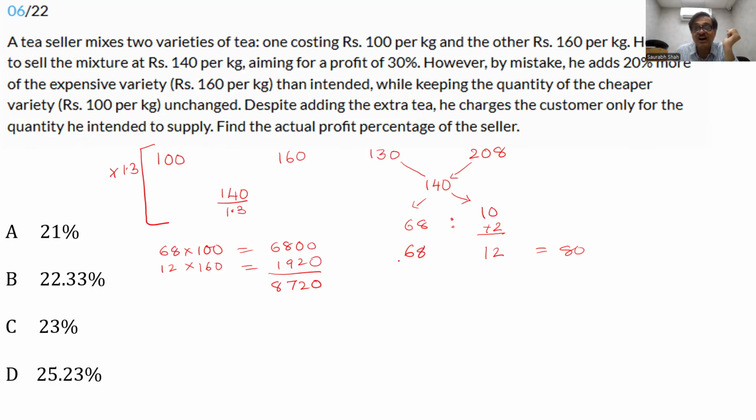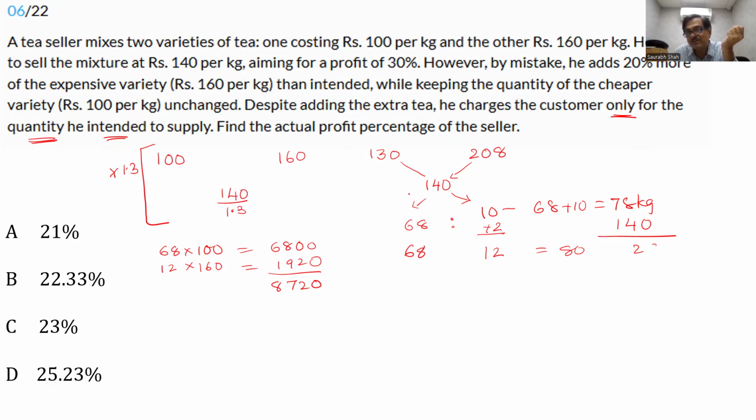Now, what does he charge? He charges the customer only for the quantity he intended. He did not intend 12 kilograms of the second. He intended 68 plus 10, 78 kilograms. So he charges only for the 78 kilograms, 78 into 140. 14 into 8 is 112.